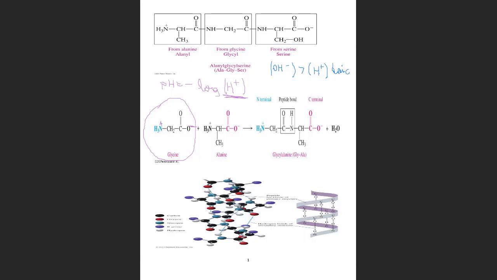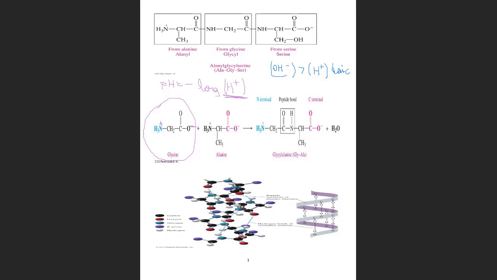What happens when we have a lot of OH? Think about it. The molecules will exist as anions, negative ions. Why is that?